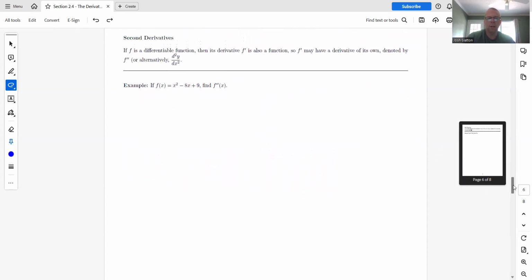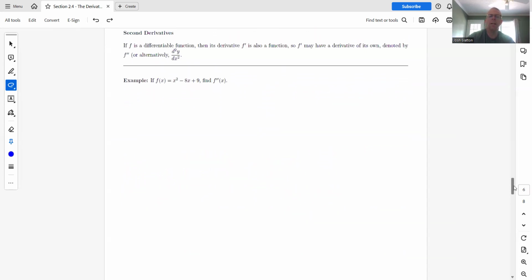All right, so now we're going to talk about second derivatives. If f is a differentiable function, then its derivative f prime is also a function. We said that earlier. So f prime may have a derivative of its own. And we've seen that; maybe we could have guessed that.